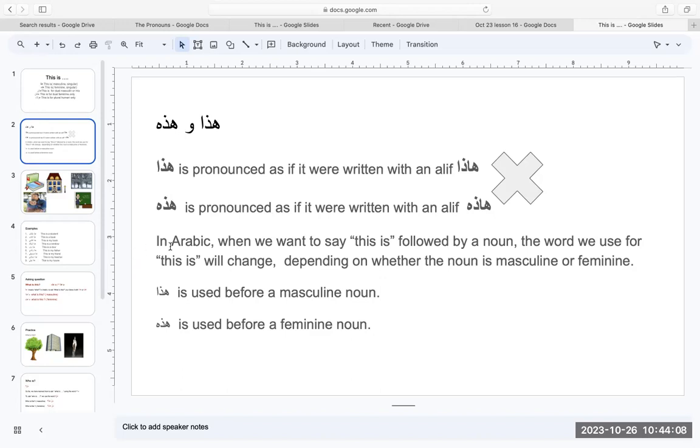So in Arabic, when we want to say this followed by a noun, the word we use for this will change depending on whether the noun is masculine or feminine. So هذا is used before a masculine noun, and هذه is used before a feminine noun.